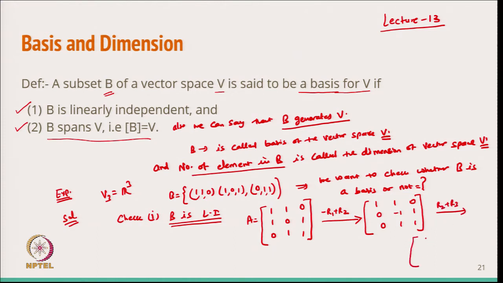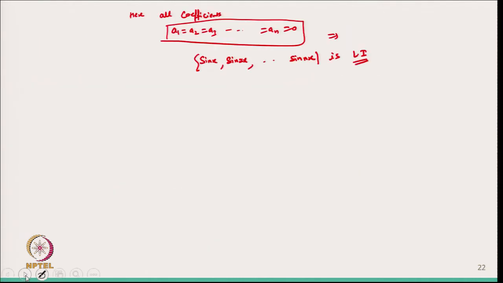From here I will get 1 1 0, 0 minus 1 1, and then 0 0 2. So, from here I can say that the rank of A is 3. So, it is an invertible matrix, and B is a linearly independent set.